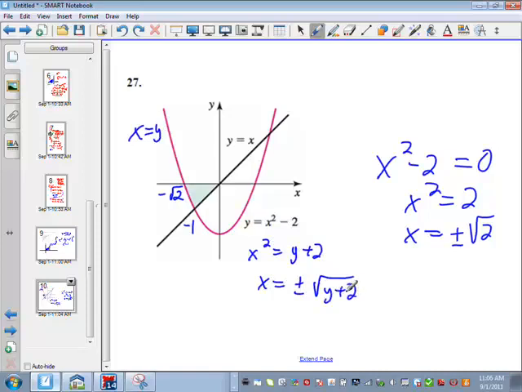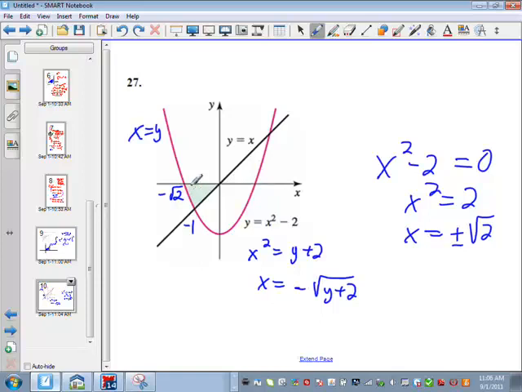Okay? And so here we're taking this graph, and which one is it over here? Is it plus or minus over here? Minus. x is negative over there. So it's the negative.